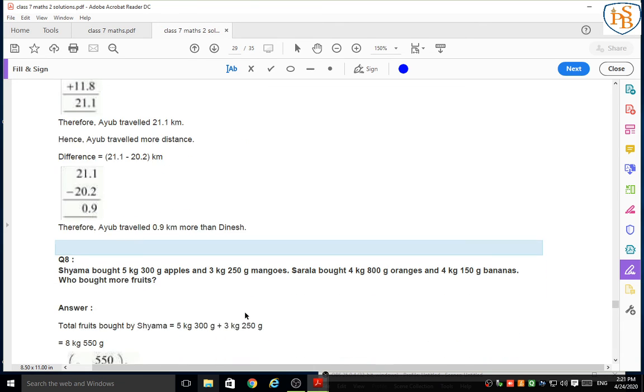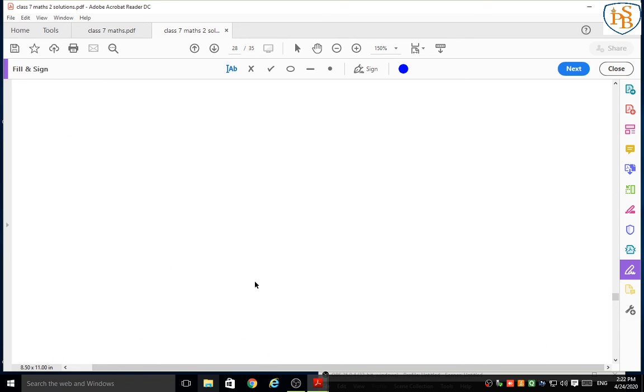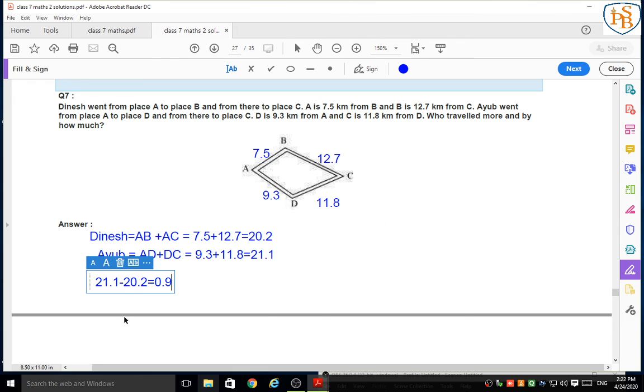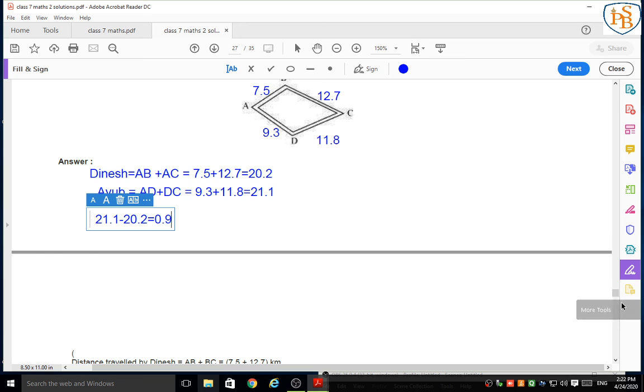Do you get this, students? Look here carefully, 21.1 minus 20.2 gives 0.9. So Ayub traveled 0.9 kilometers more than Dinesh.